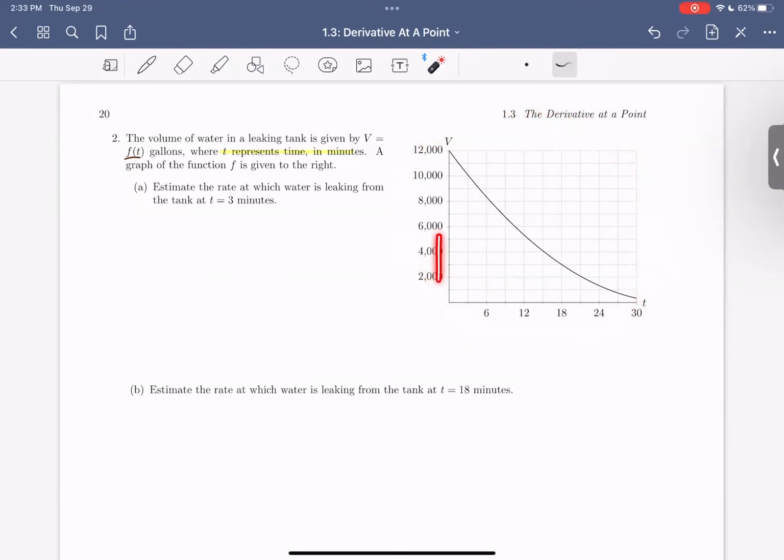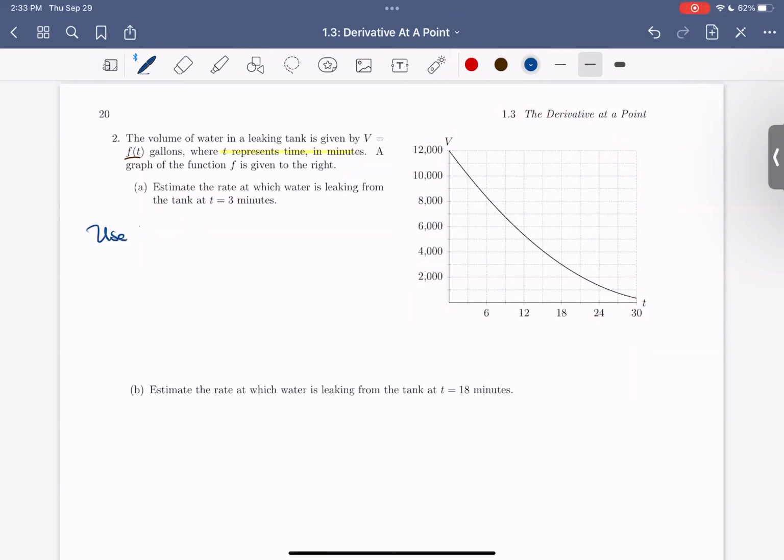So here is a graph of the function F of T. This vertical direction is telling us the volume of water in that leaky tank. Part A says estimate the rate at which water is leaking from the tank at T equals 3 minutes. To estimate that rate, we can use the tangent line of our curve at T equals 3. So I'm going to write that out for us.